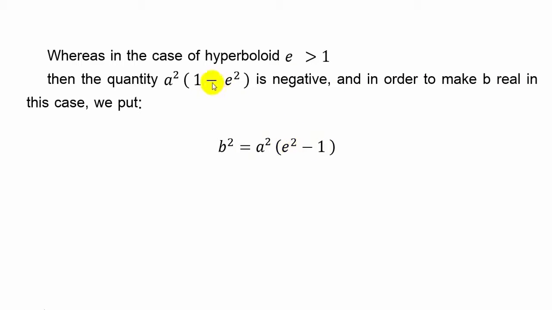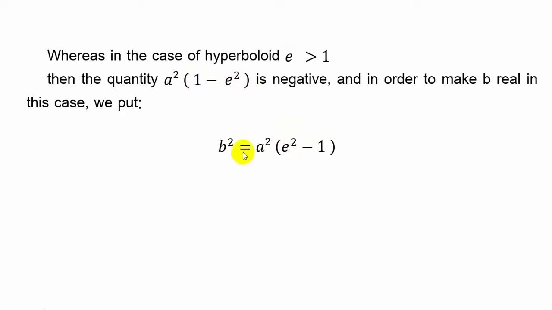So the first change from the ellipse is in the relationship between a and b: since e is greater than 1, we interchange e squared and 1, so that b squared equals a squared times (e squared minus 1), which is positive.